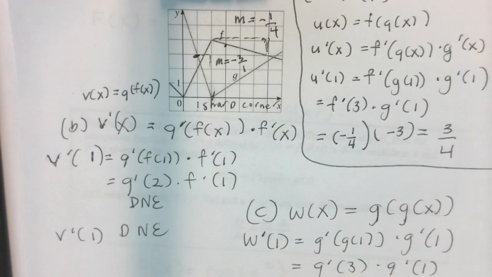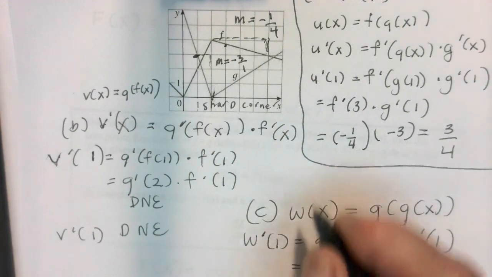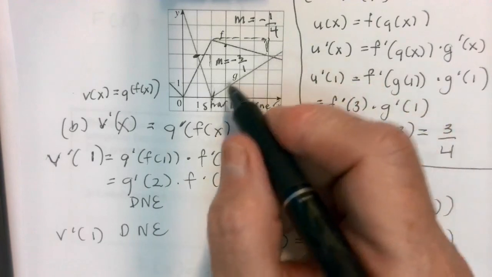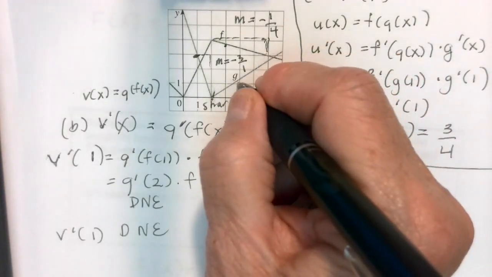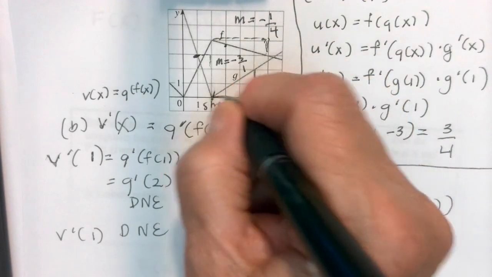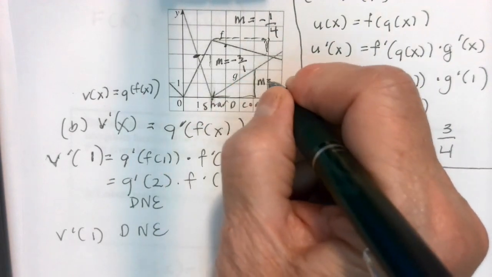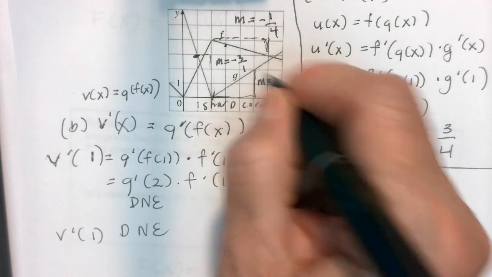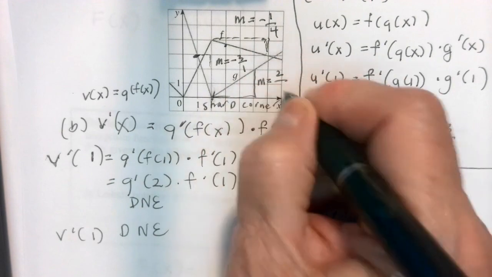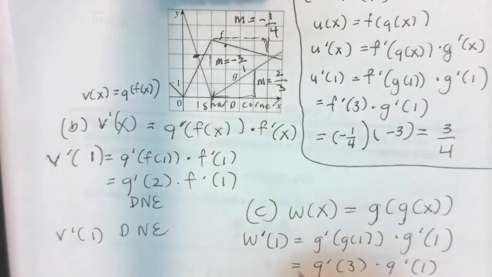Okay, so g prime of 3, we haven't found that before, but g prime at 3 is going to be the slope of this. So if we look from there to there, you could see that this is a positive slope, you go up 2, and you go over 1, 2, 3. So that's 2/3.